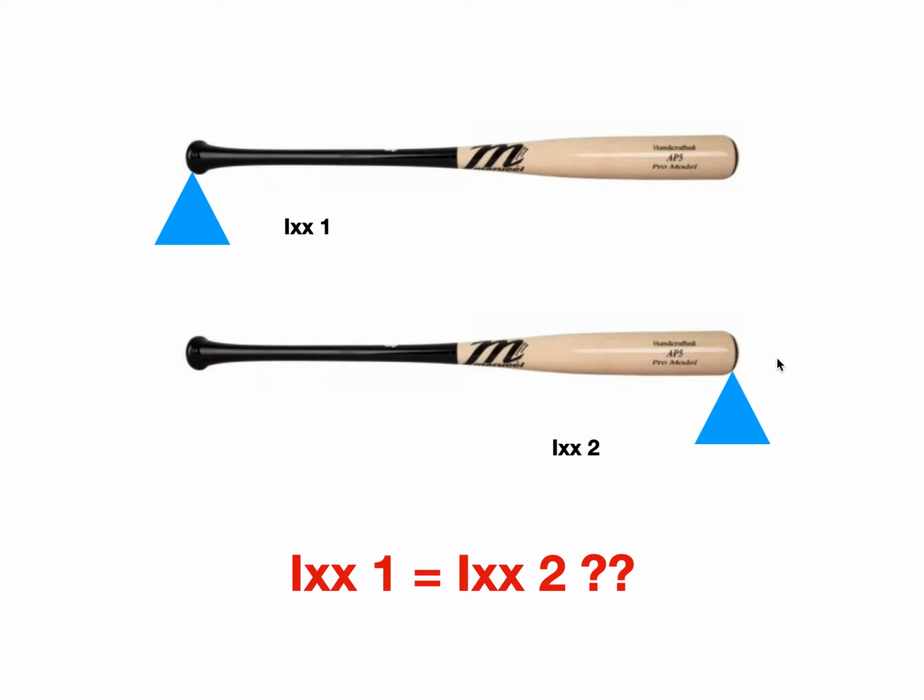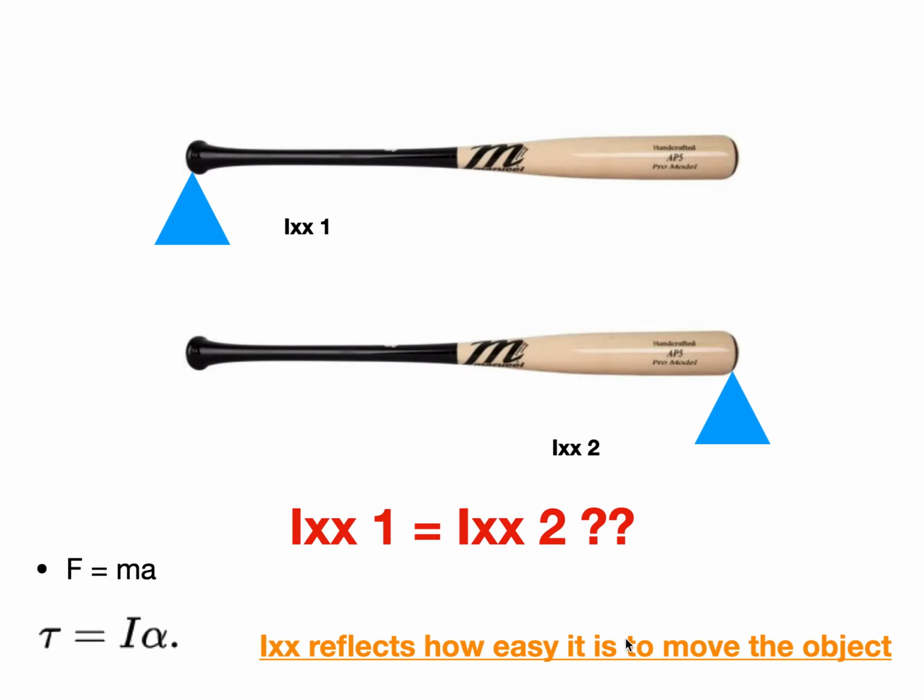You can think from the idea that moment of inertia is related to angular mass, right? Which usually reflects how hard it is to move the object. So do you think it'll be easier to swing in one of the situations, or equally easy?